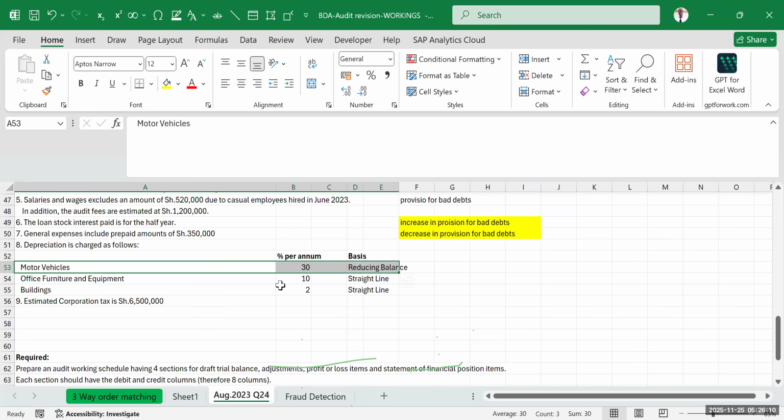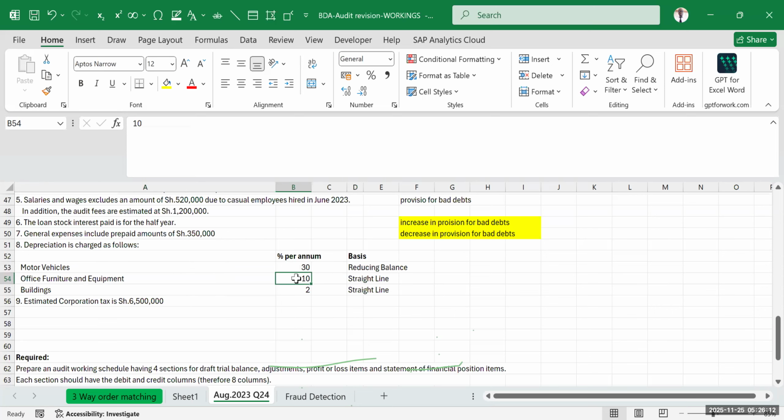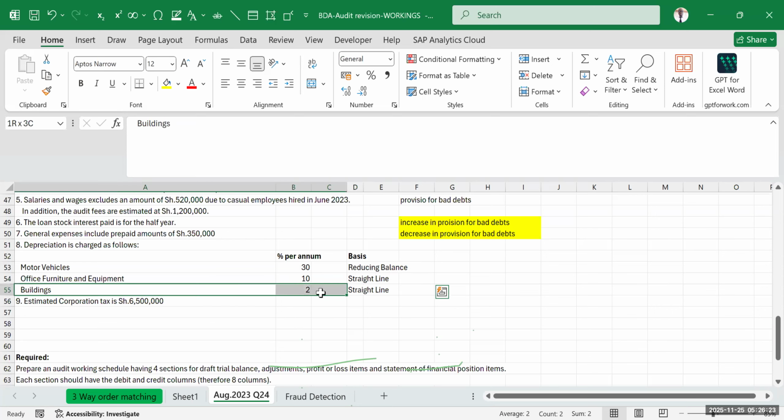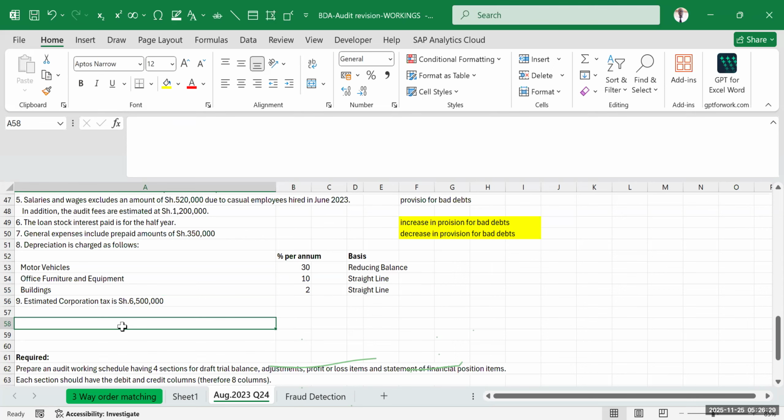Office furniture and equipment is depreciated at 10% per annum, but now on a straight line basis. We know this basis of computation of depreciation. Building is depreciated at 2% on a straight line basis. Then number 9 is saying there is a corporation tax, which is estimated to be 6.5 million.